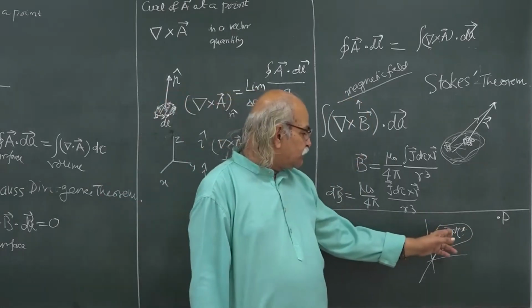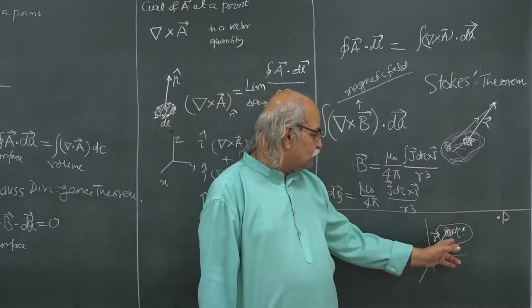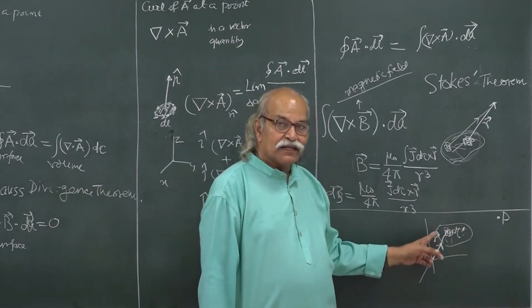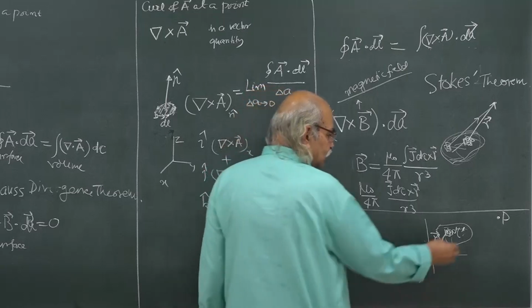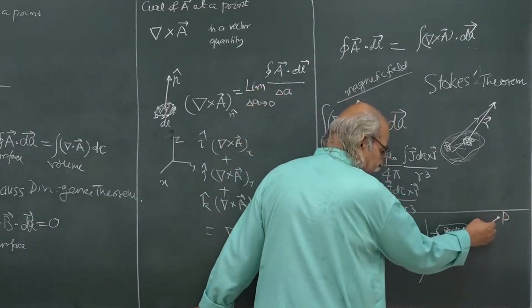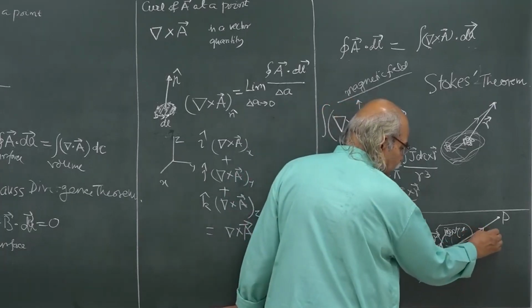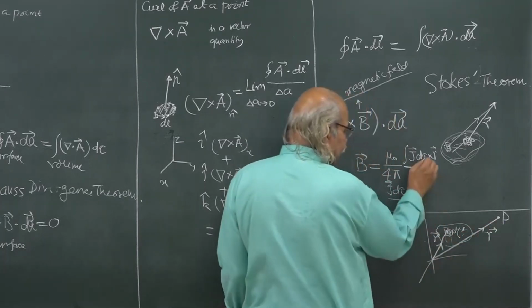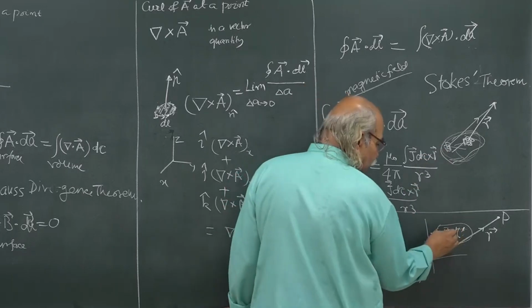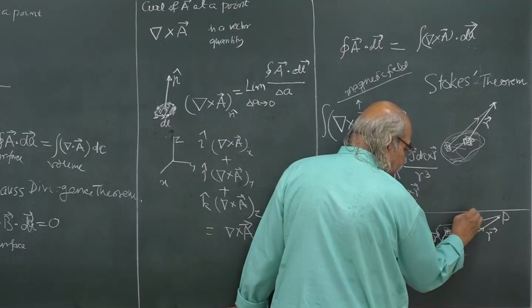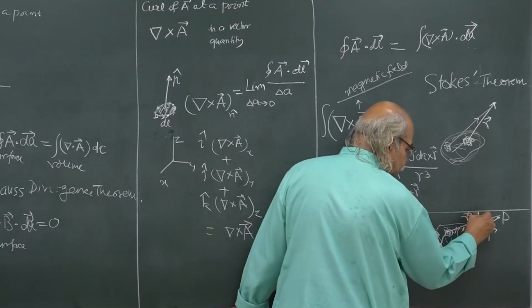When you change from this volume element to this volume element, you are actually changing this r prime. And this p here, if you join it from the origin, we said we will call it r, and in that case this vector from the current element to the p will become r minus r prime.